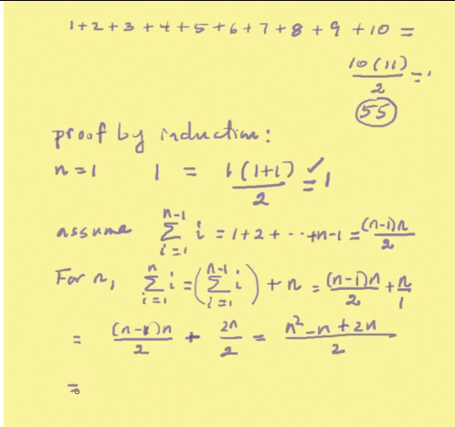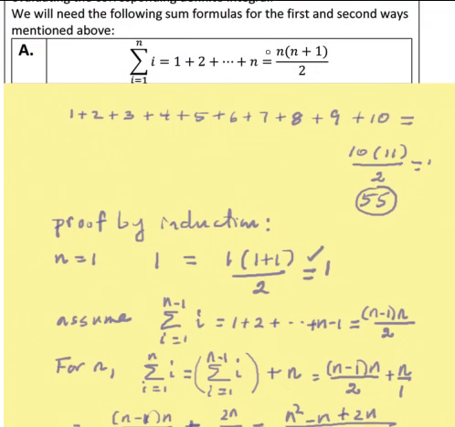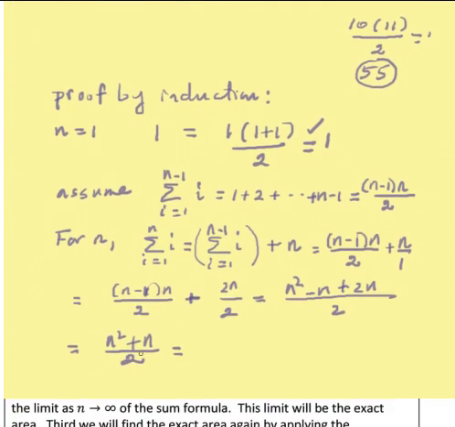Keep going, combining like terms. So we have n squared plus n over 2. Now, this is the formula that we want to get right here, n times n plus 1 over 2. And we do have that. Just factor out the n. And we do have that.